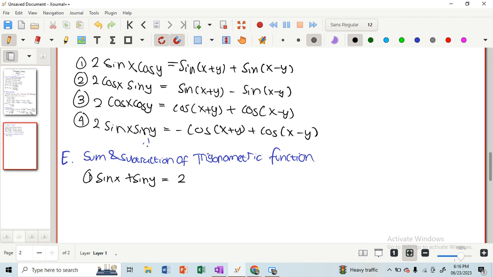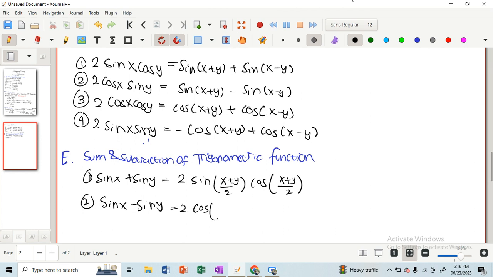2 sine of x plus y divided by 2 times cosine of x minus y divided by 2. And then for the subtraction, sine x minus sine y, it would be 2 cosine of, this is not x plus y, x minus y.